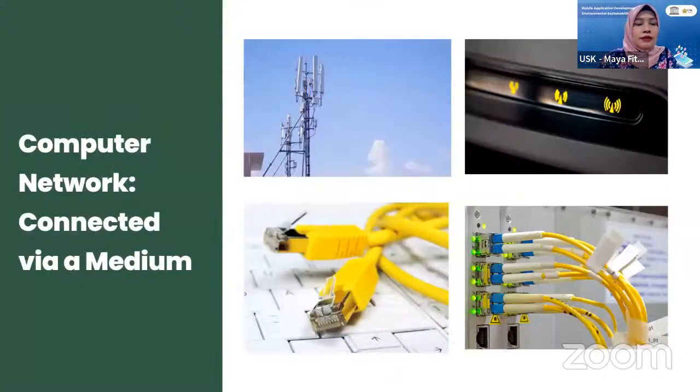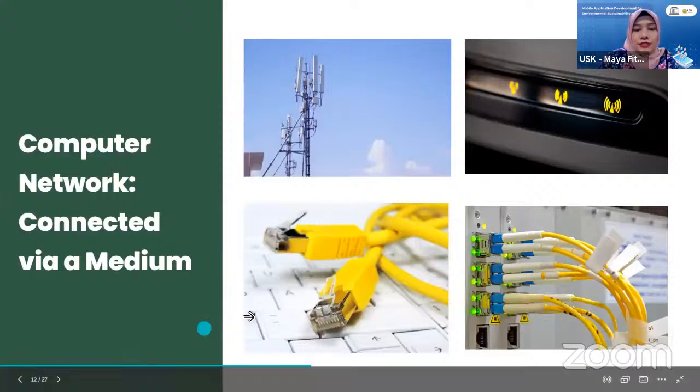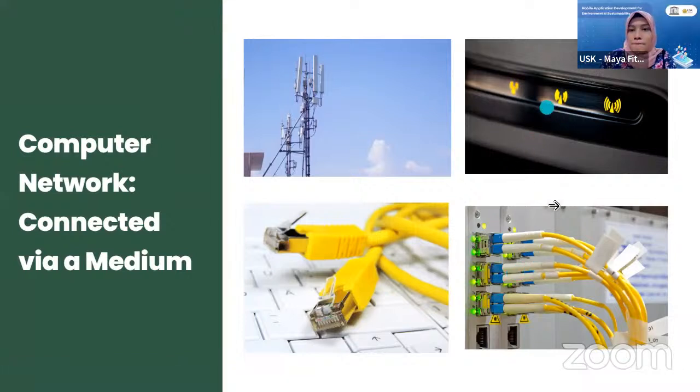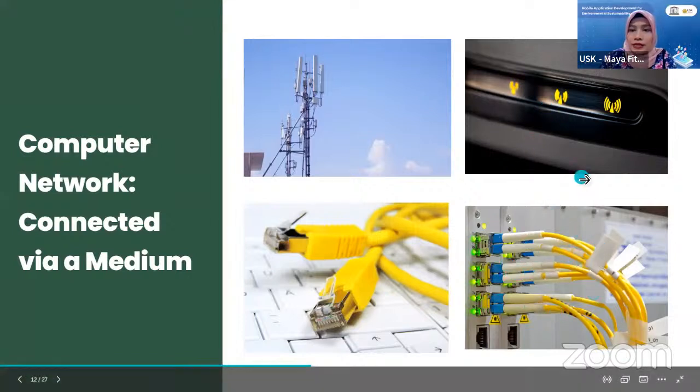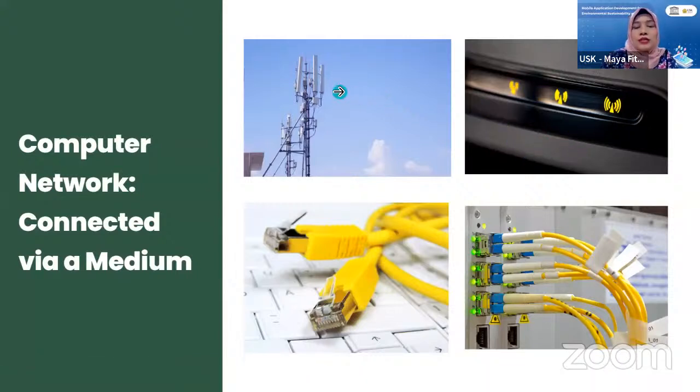And these are examples of the medium used in a computer network, such as the UTP cable that is most commonly used, then fiber optic, then wireless network, and also 4G or 5G network that connects to your mobile.